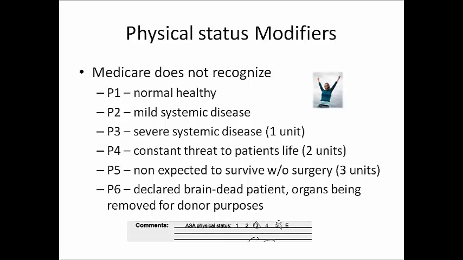Sometimes they might have 3E or 4E. What that means, of course, is say a patient came in for an appendectomy and they took him straight off to surgery, or a patient came in with a heart attack and they took him straight off to surgery for a CABG. That would be when they would circle an E for an emergency.